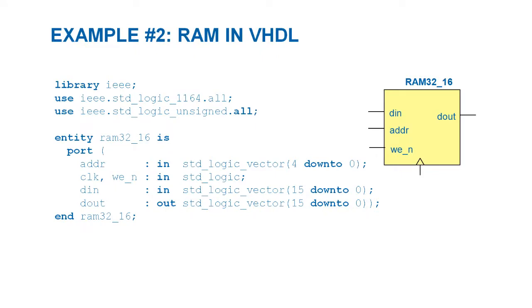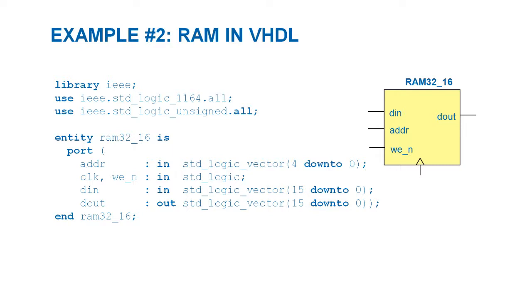Here is another example in VHDL where we would like to implement a memory block that has 32 addresses, and at each address we have 16 bits of data. So on the input and on the output we have standard logic vector 15 down to 0.